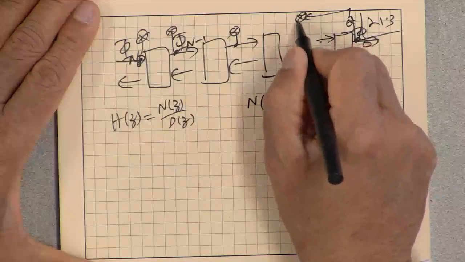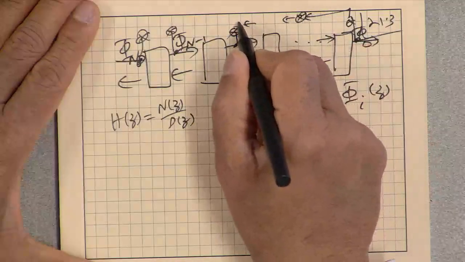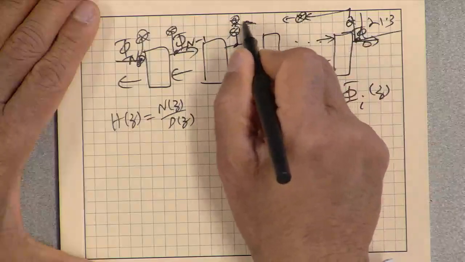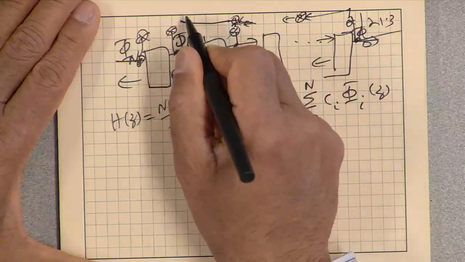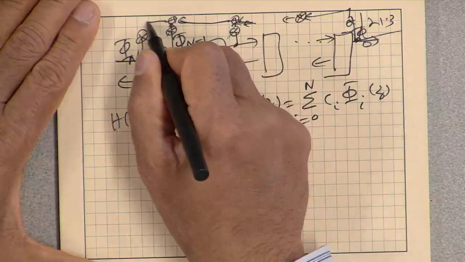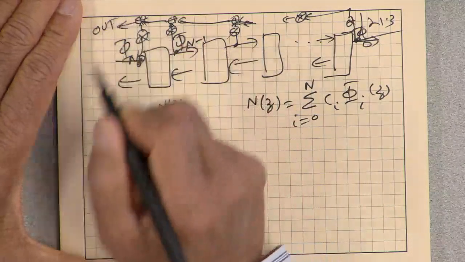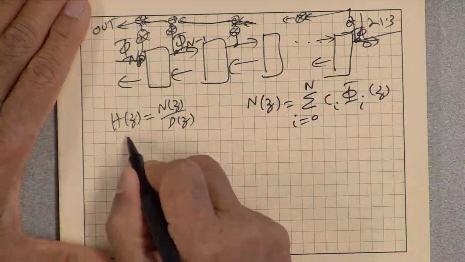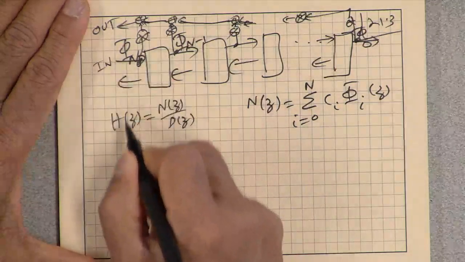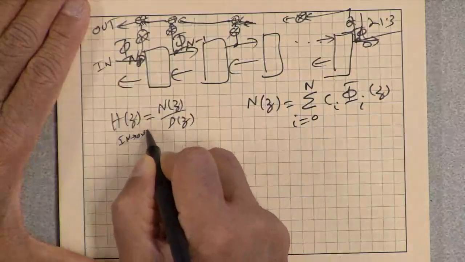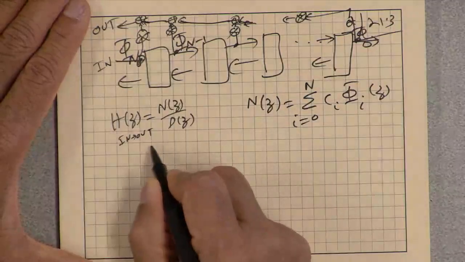It doesn't really matter because the add operation is associative. So if this is the output, that would be the transfer function from the input to output. So this would be a pole zero filter.